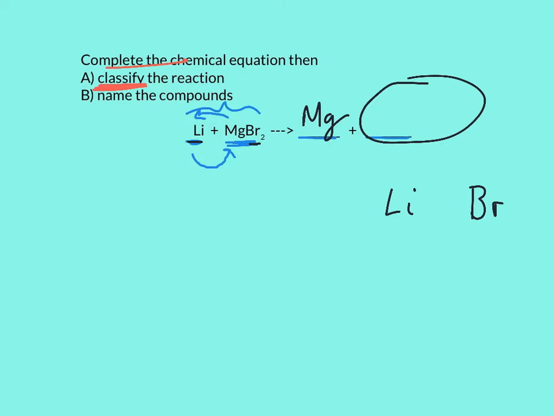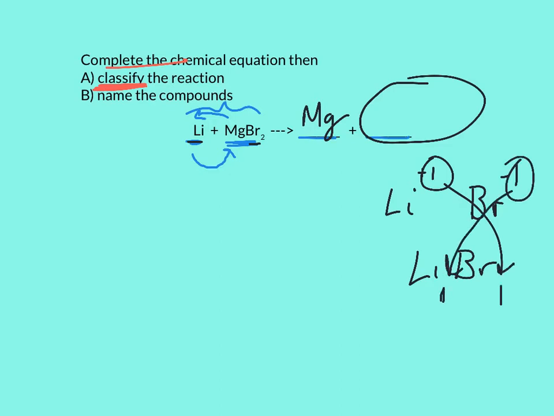I go to my periodic table, lithium is +1, bromine is -1, and when we cross over, I take the 1 and the 1 over here, cross that one over, and I have LiBr. So when this switches, notice when lithium moves over, we only need one of the bromines to bond with the lithium to complete that compound. We're not asked to balance this one, so that doesn't matter. But we do now have the completed chemical reaction.